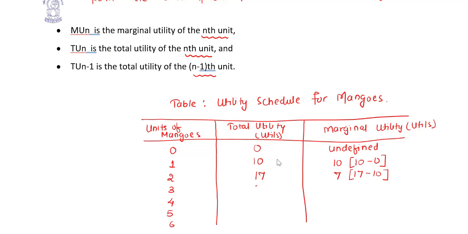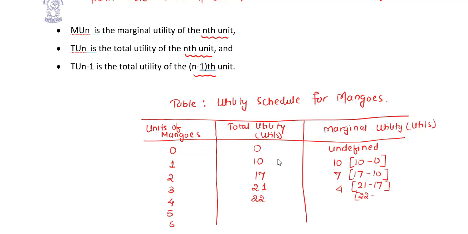When you consumed the third mango, the total utility is 21. So the marginal utility would be 21 minus 17, and it is 4. If you consumed one more mango, the total utility is 22.